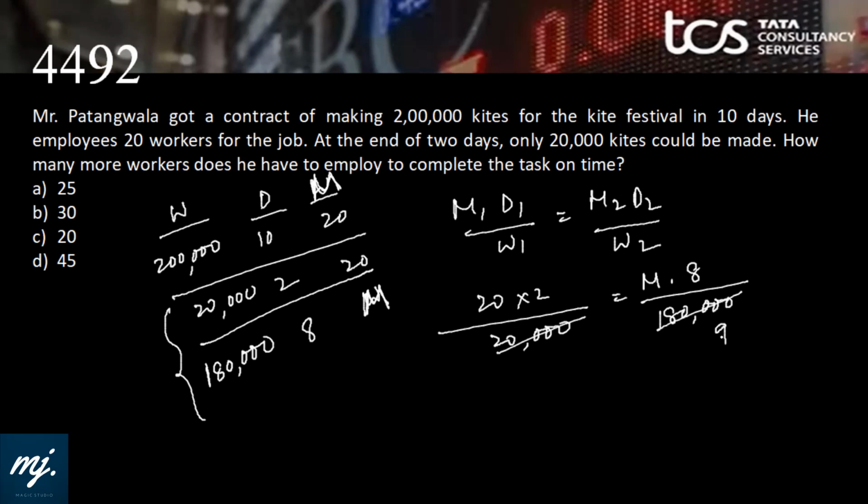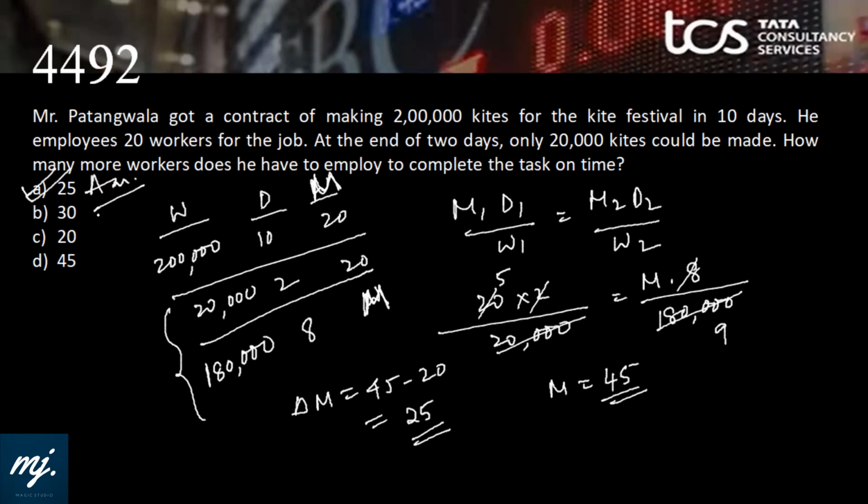So this will go 9 and this is 4. 20 by 4 is 5. That means M is 9 into 5, 45. We need 45 men. Extra men are 45 minus 20. 20 were already there. We need 25 more men now so that the work is completed on time. Option A is the pick.